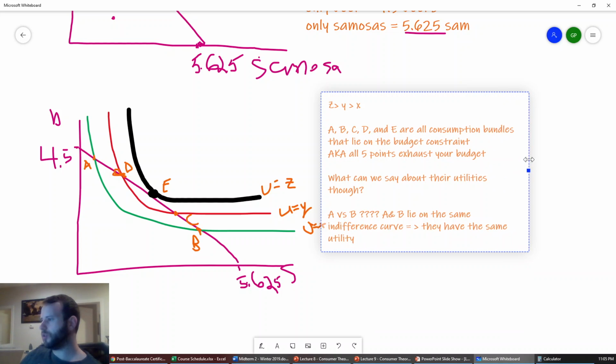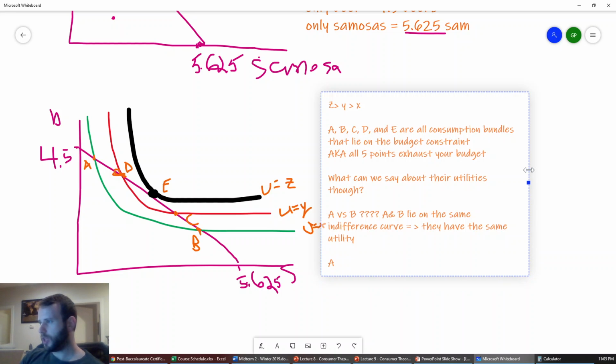So if I asked you to pick between A and B, you'd be like, I don't care, it doesn't matter. They give me the same amount of happiness, right? So you don't care between A and B, same utility. That's why you're indifferent. That's why they're called indifference curves. You're indifferent between A and B.